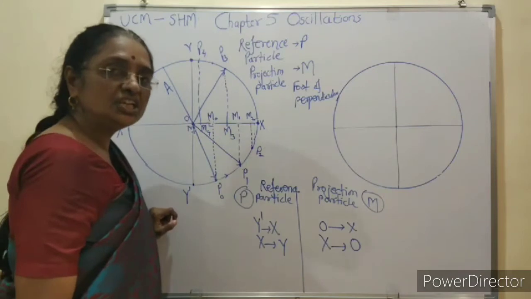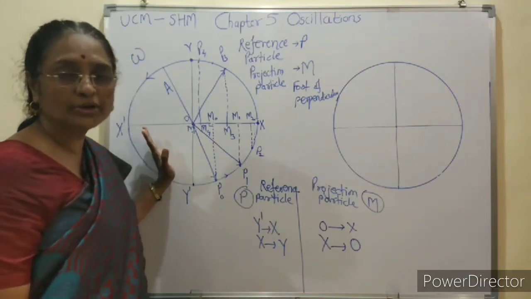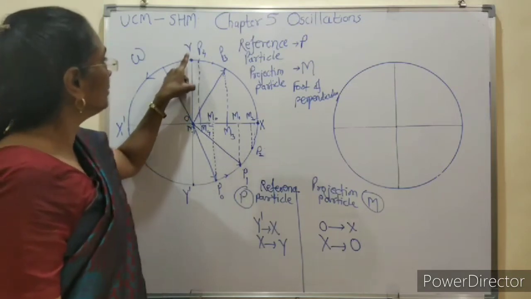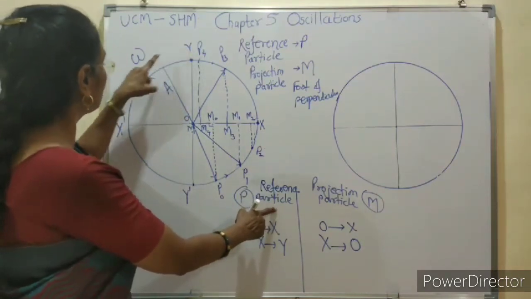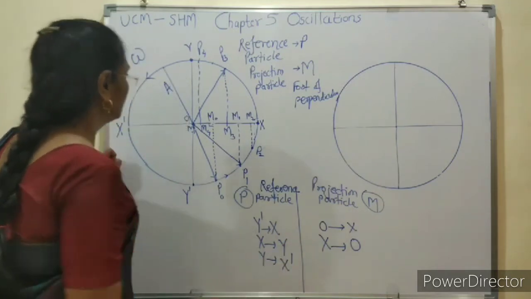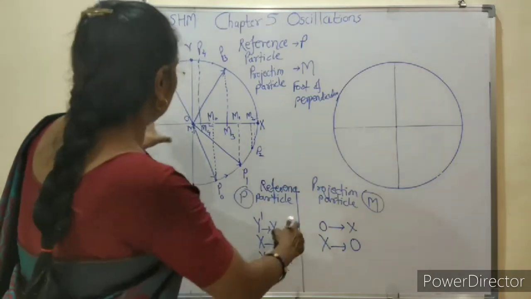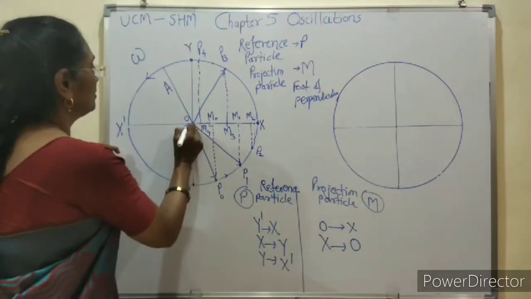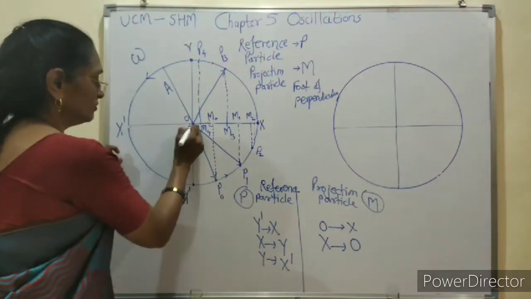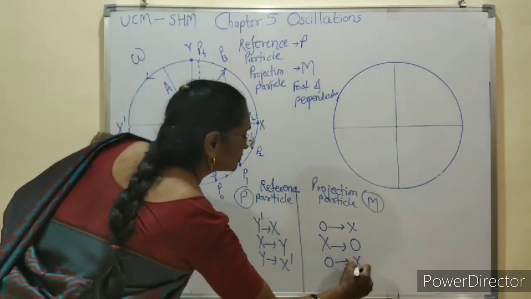Now you can easily tell by considering the geometry of projection, when the reference particle moves from y to x dash along the circumference, then this projection particle moves from this point O to x dash.